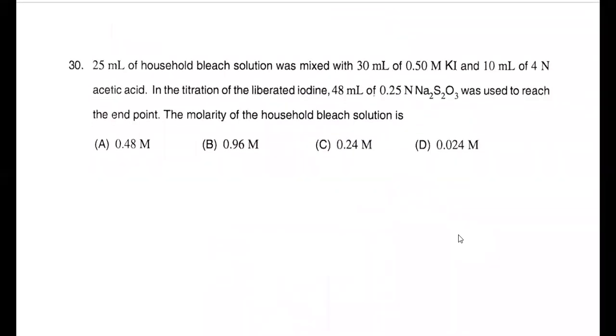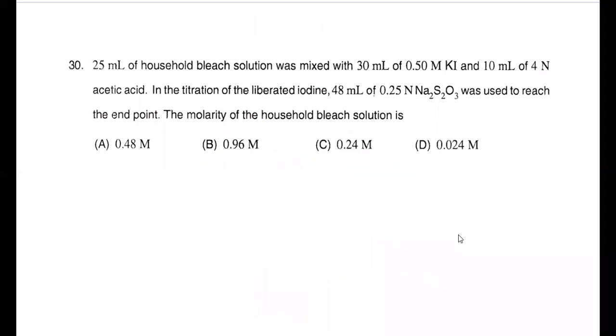And the next question is an iodometric calculation. It's given that 25 ml of the household bleach solution was mixed with 30 ml of 0.5 M KI and 10 ml of 4N acetic acid. In the titration, the liberated iodine required 48 ml of 0.25 N Na2S2O3 to reach the end point. The normality of household bleach is asked.